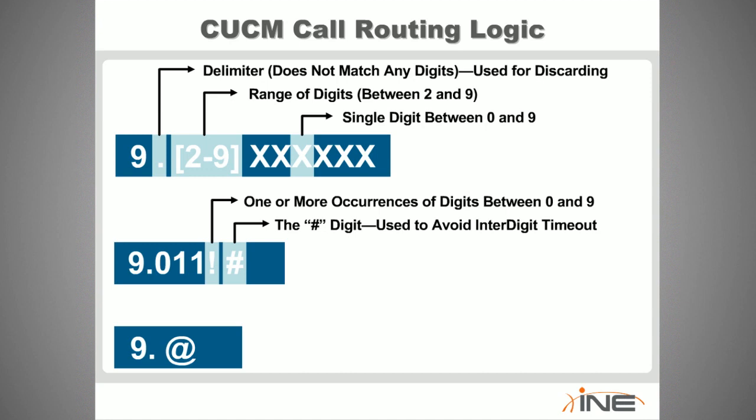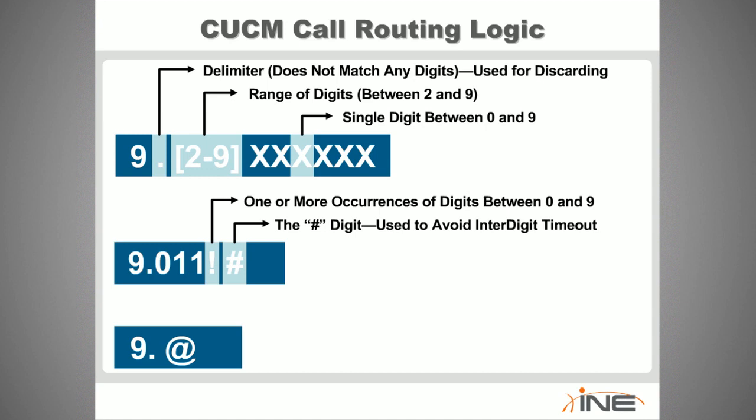Okay, so the hash can be a dialable digit. When it comes at the end of a dialable string of a pattern, it's typically used as an interdigit timeout symbol. Really all it's doing is matching a dialable digit.